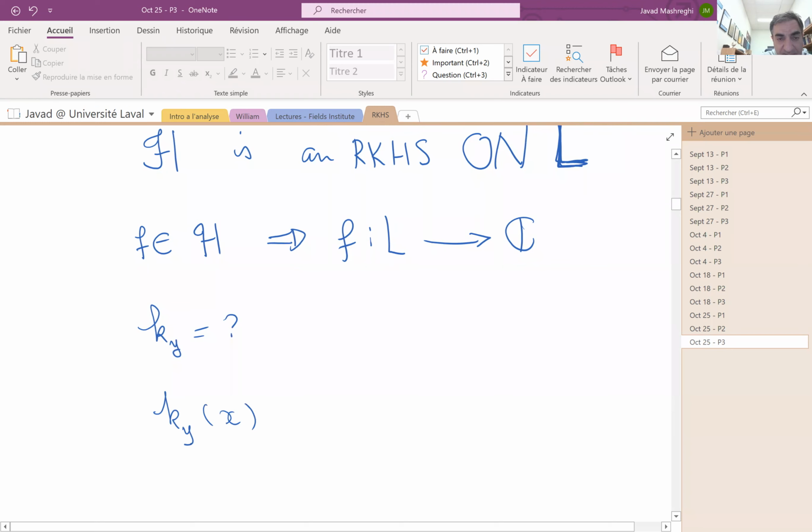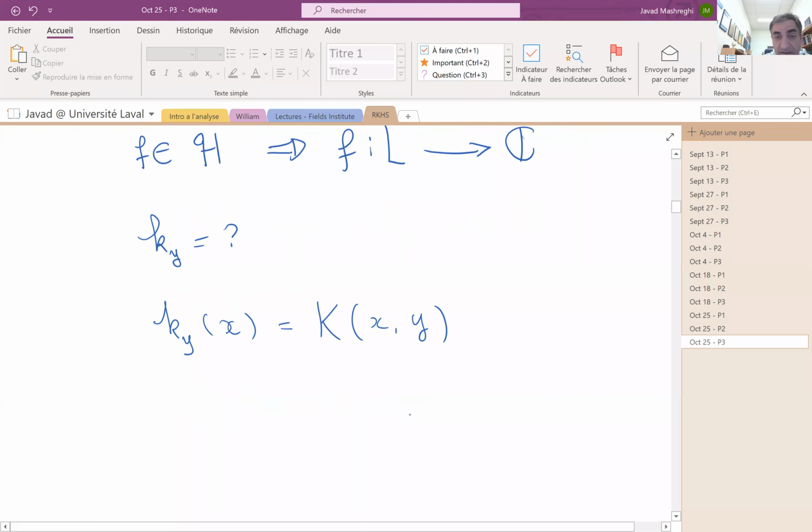Note that these are elements of L. By definition it is K of X and Y. This is the definition of K, the relation between little k and capital K. And the definition of capital K is the inner product of X and Y in L.